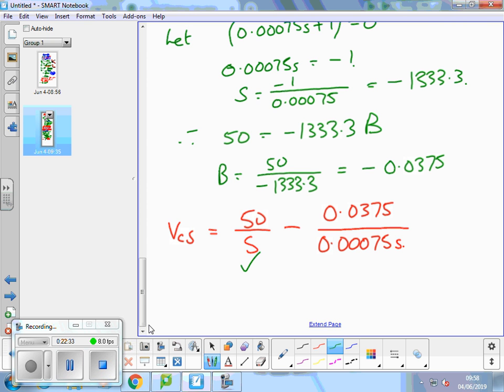What have we got to do to that side? What have we been doing with something that looks like that? Just on that bit. Get S on its own.